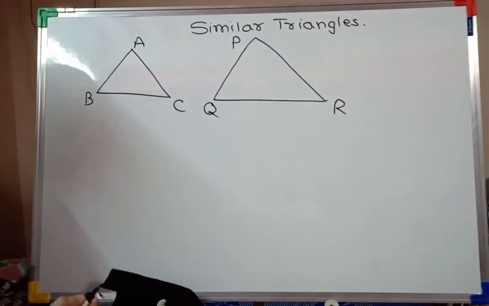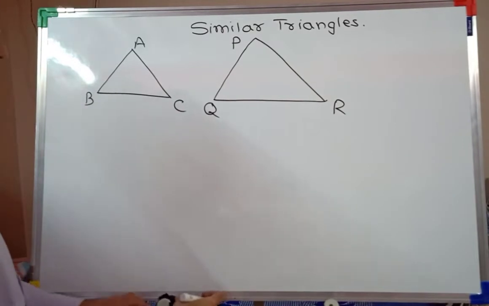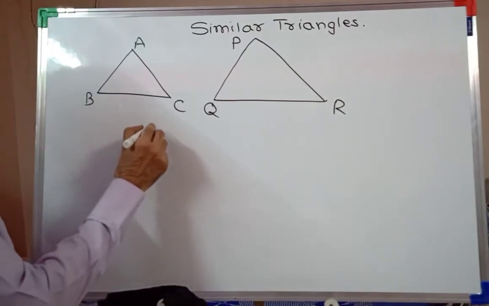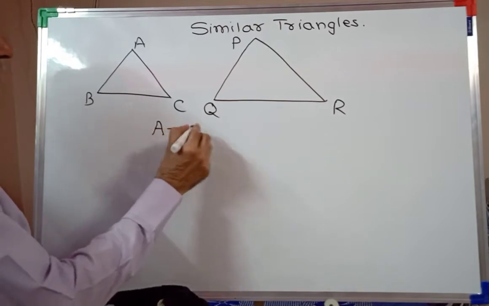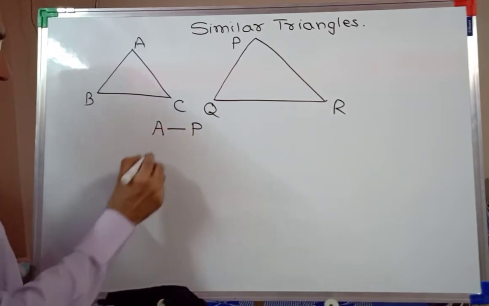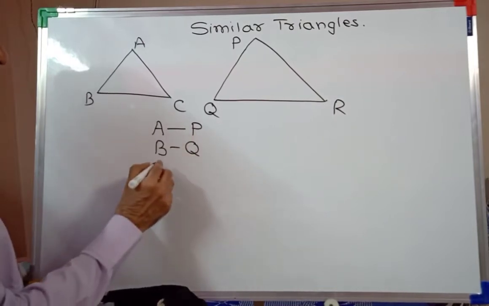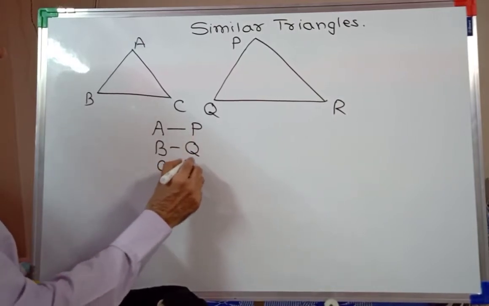And suppose the given 1-1 correspondence between the vertices of these two triangles is A to P, B to Q, and C to R.